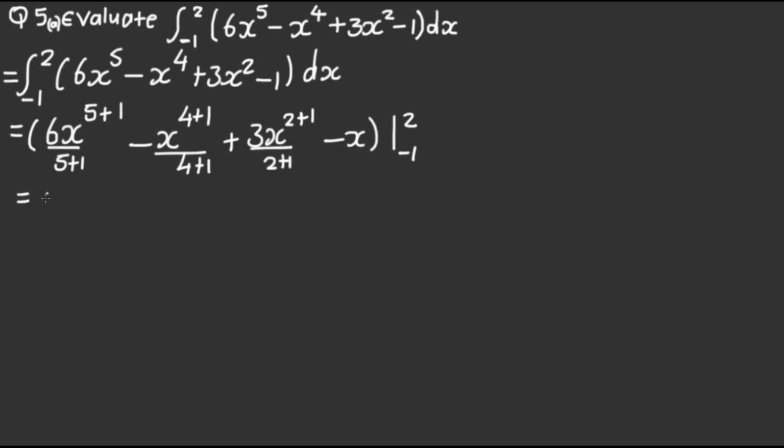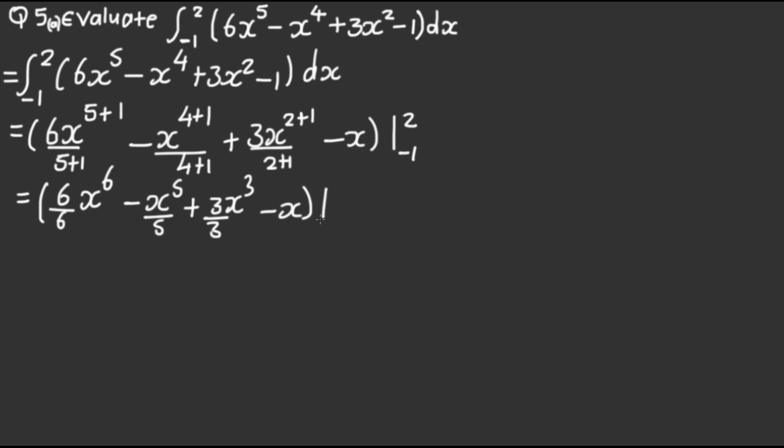We can now simplify. The first one will give us 6 over 5 plus 1 is 6 times x raised to the power 6 minus x raised to the power 5 over 5 plus 3x raised to the power 3 over 3 minus x, evaluating from -1 to 2.